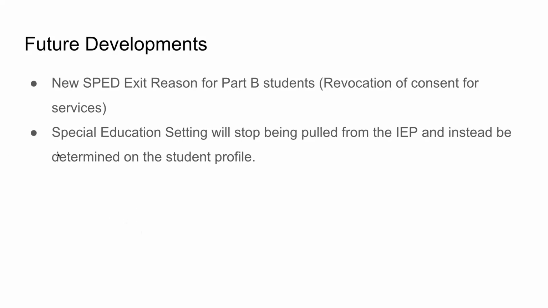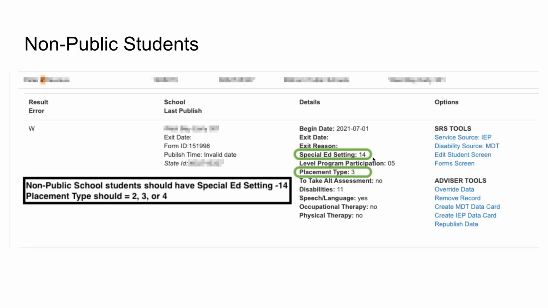And this last bit goes back to the special education setting. Once we're done at the end of the deadline, October 31st, I'm hoping the special education setting will be correct for all students within advisor. And we will just take whatever that is and make that a new data element on the student's profile page.